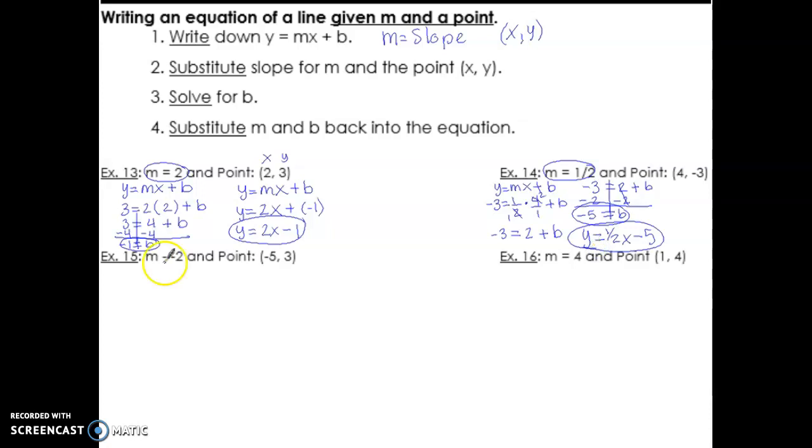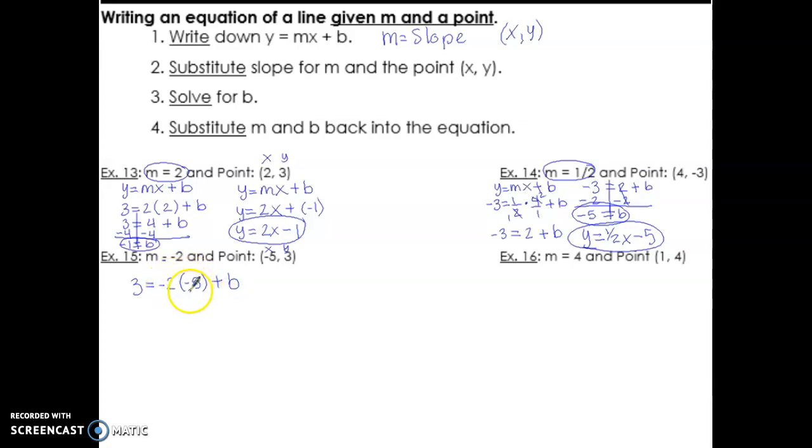Let's look at this, example 5. This is actually an equal sign, so m is equal to -2, and our x and y are -5 and 3. So y is 3. 3 is equal to m, which is -2, times x plus b.